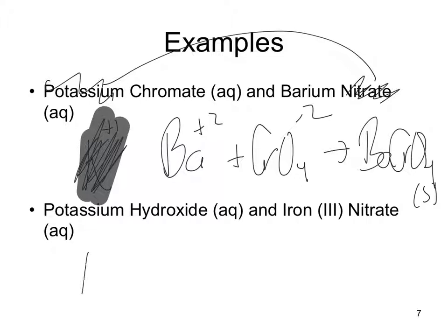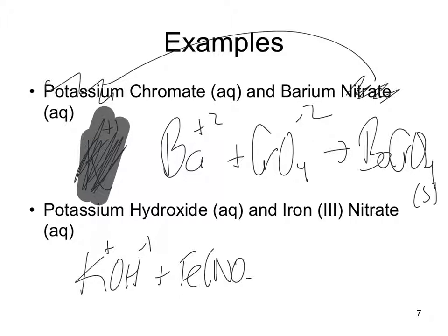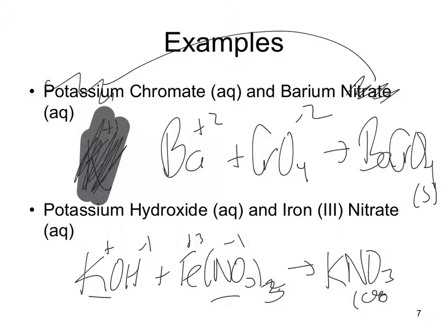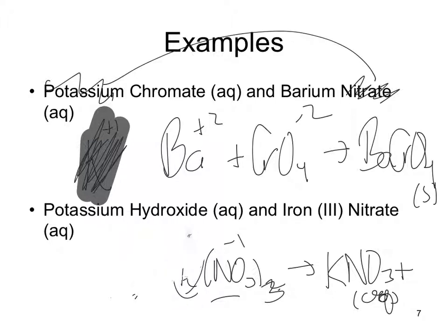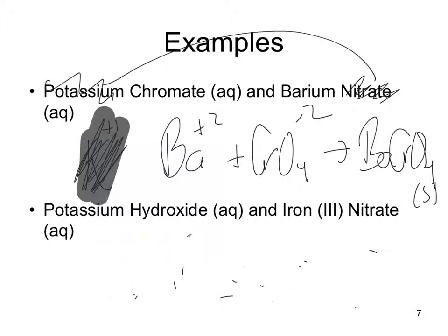Same thing here, I've got potassium hydroxide, and I have iron 3 nitrate. That should be a 3. What's actually going to happen here? Well, the K and the NO3 are going to get together, but they don't really do anything. They're aqueous before, they're aqueous after, nothing happens. What really is the big story here is iron and hydroxide. So what I'm going to do is not write this whole thing out. I'm going to just focus on the iron and hydroxide.